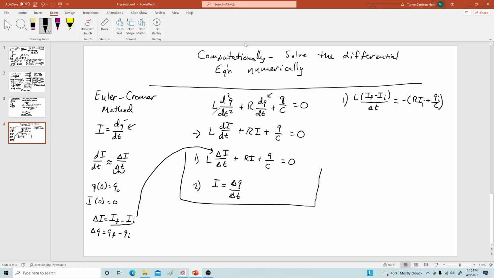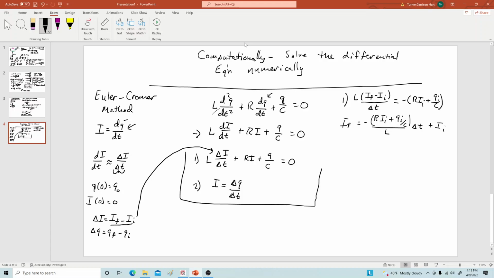Okay, and so continuing solving for IF, multiply both sides by delta T, and divide by L. So this is going to be equal to minus R I initial plus Q initial over C, all over L, times delta T plus my initial current.